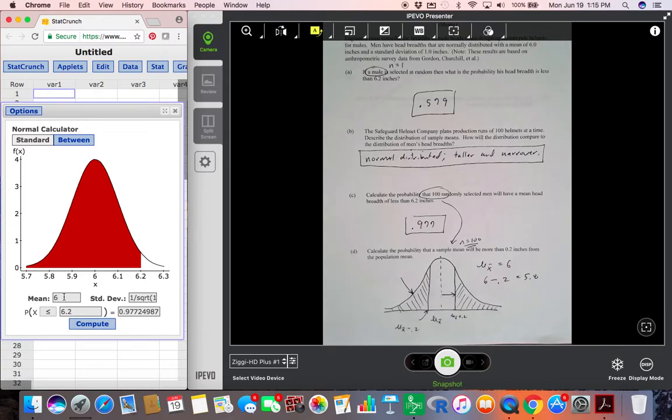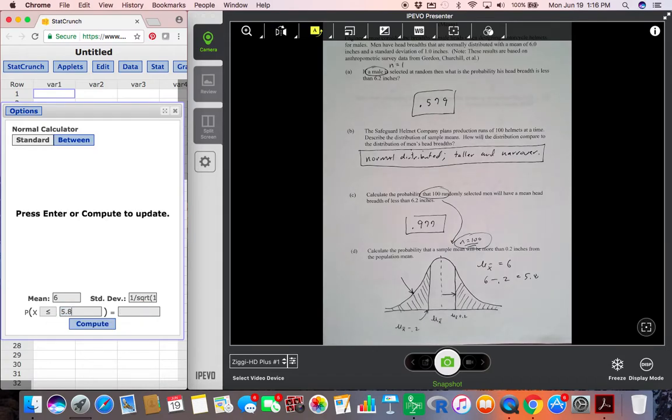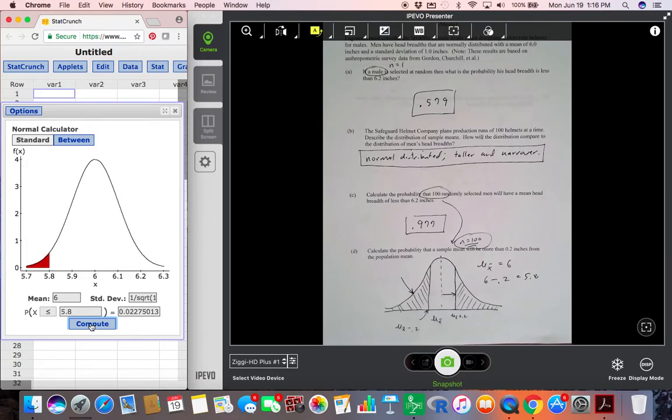So again, mean is 6. Standard deviation is reported as the standard error because we have 1 divided by the square root of 100. Again, that's what I'm assuming in this problem. So I need less than 5.8. So I have 0.0228.